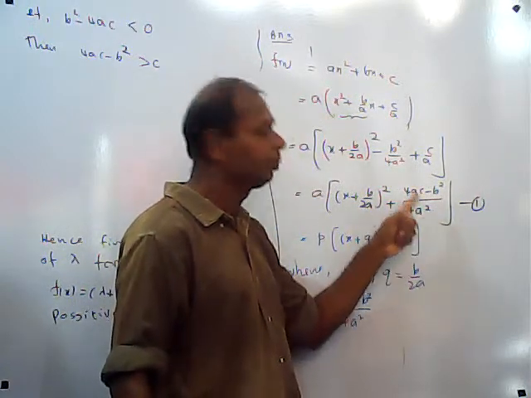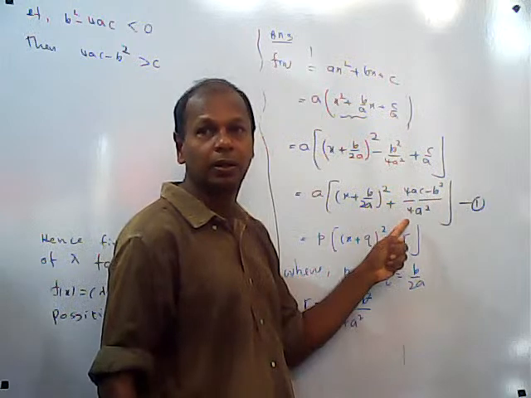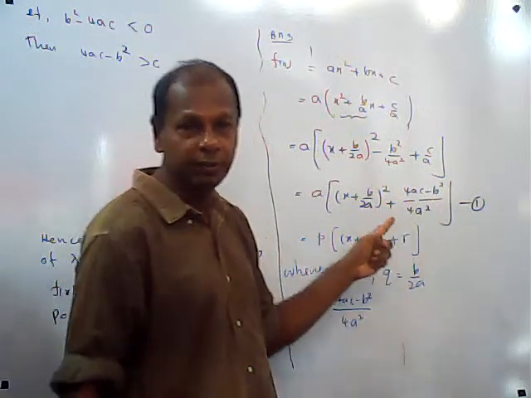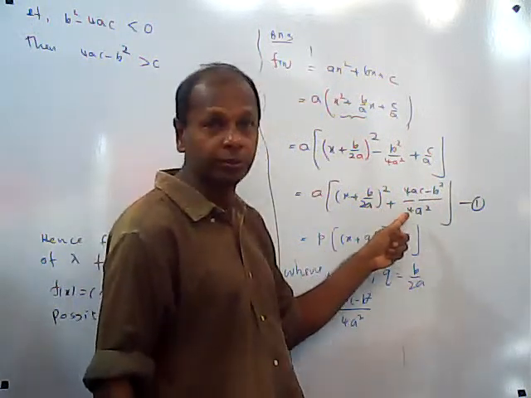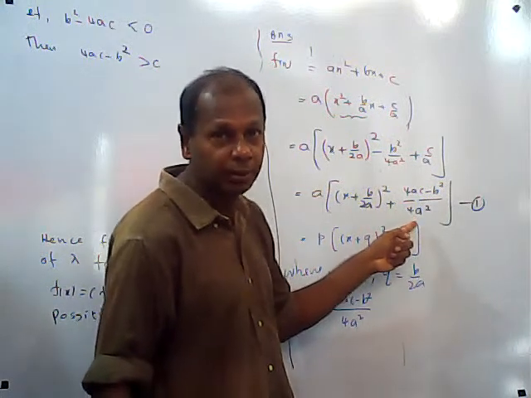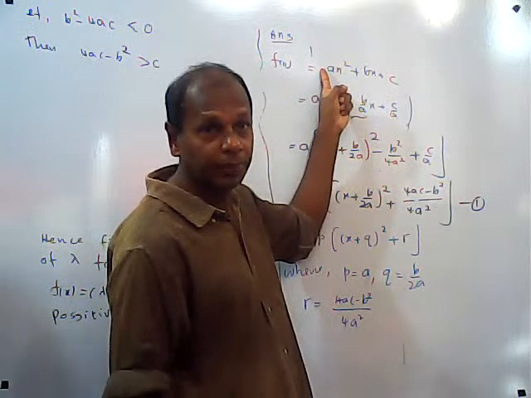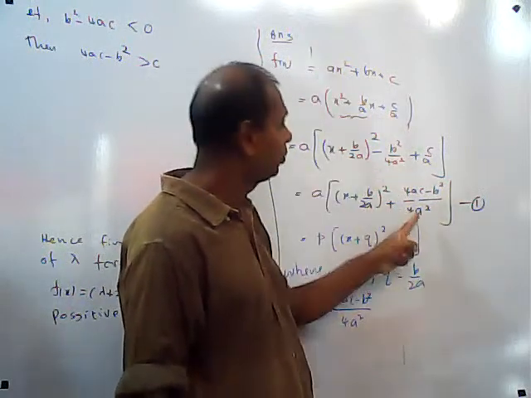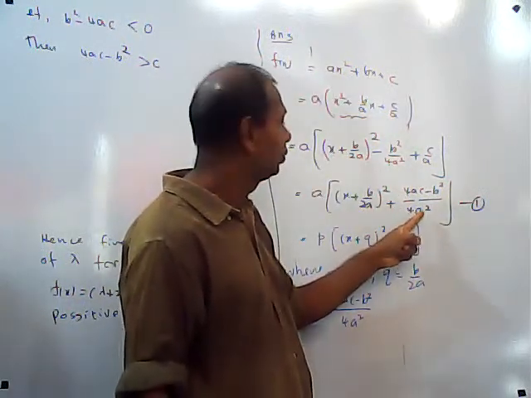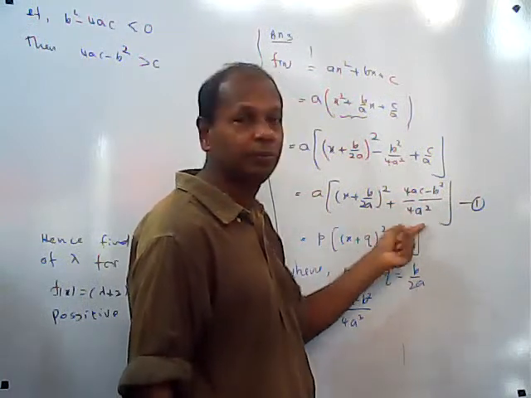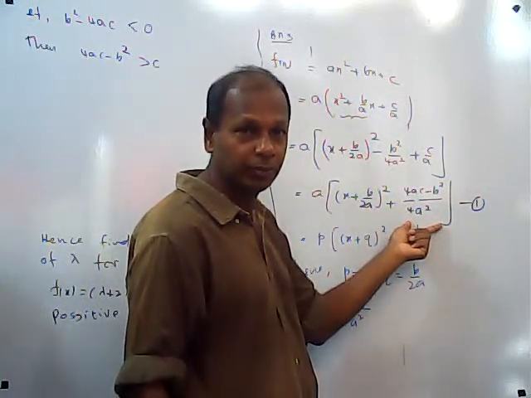a squared multiplied by 4 is definitely positive. A squared can never be negative, it's not equal to 0 even. Coefficient of x squared, a is never 0, so a squared is never negative, so multiplied by 4, this is definitely positive, right?